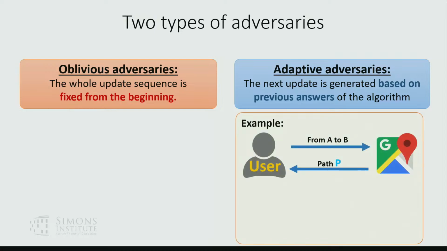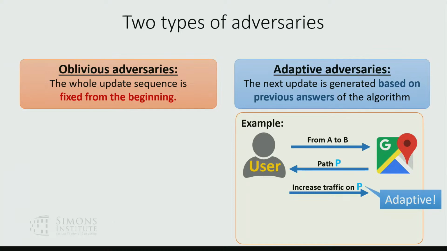For example, you can think of many people who use Google Maps, right? Maybe some people want to go from A to B. Then Google Maps might say the path is to go through this path P. Because so many people use this path, it might be the case that now the traffic on path P increased just because the app said you should go through path P. So this is what I mean by adaptive.